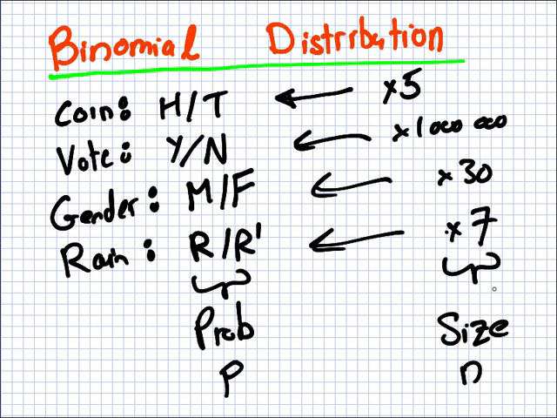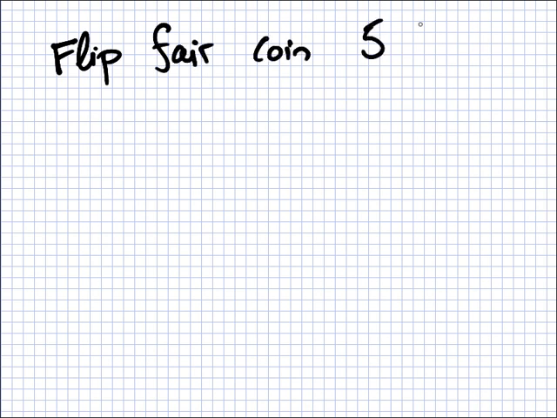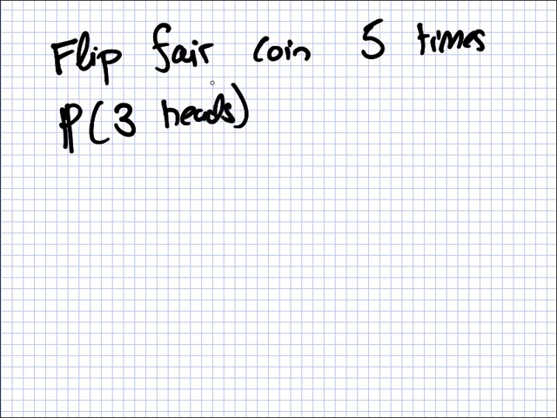Can I scroll down? Yeah? Suppose I had a question like, you flip a fair coin, let's say, 5 times, and suppose you want to calculate the probability of getting 3 heads, and you don't care where it happens.